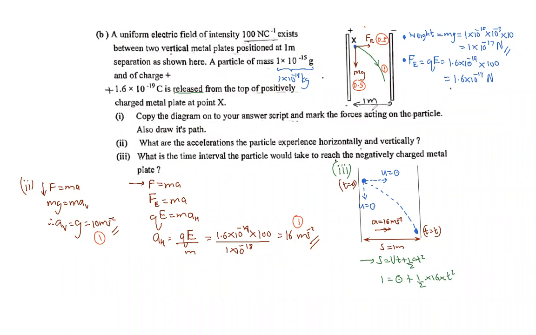So I'm getting t squared is 1 over 8. T is equal to square root of 1 over 8. That is 1 over 2 root 2. For root 2 we'll put 1.41. 1.41 times 2 is 2.82.